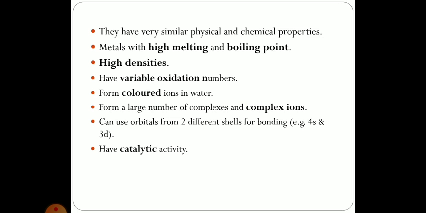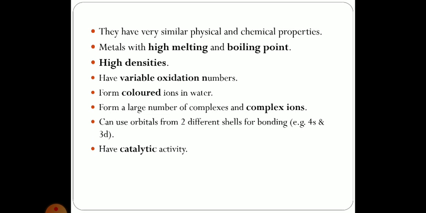Now students, we will learn some physical and chemical properties related to it. They have very similar physical and chemical properties. They are metals with high melting and boiling points, and they also have high densities. They also have variable oxidation numbers, and they form colored ions in water.